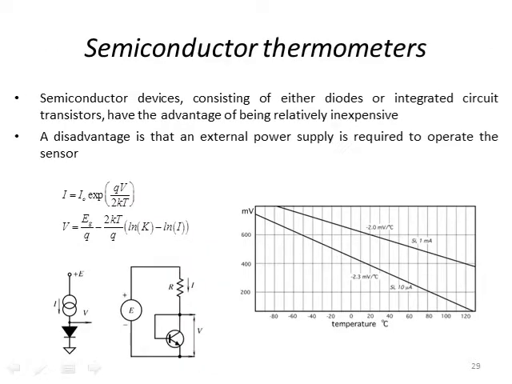Then we have semiconductor thermometers, and basically the fact that a PN junction is temperature sensitive, or a junction between two doped materials, one of these junctions has a temperature dependency. And this can be used as a temperature sensor as well.